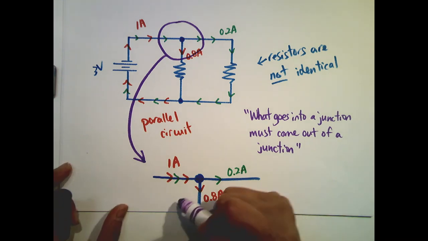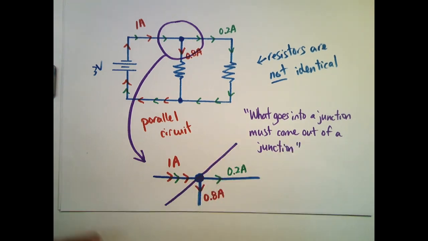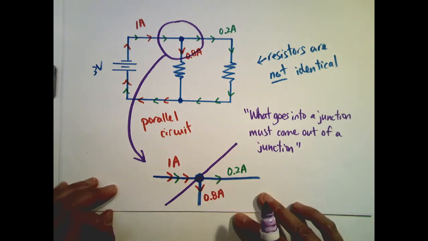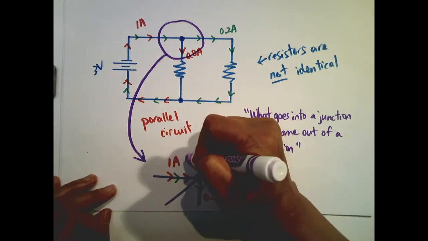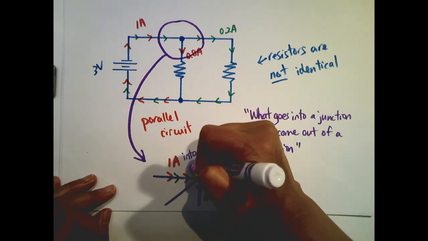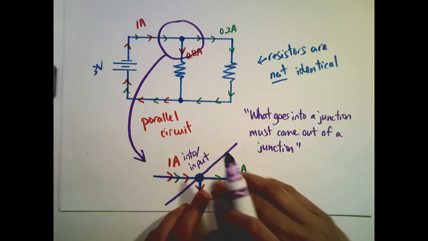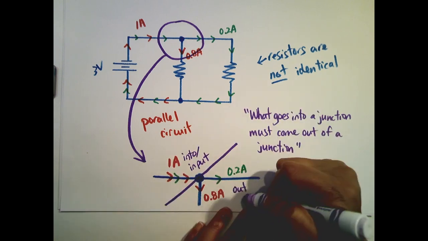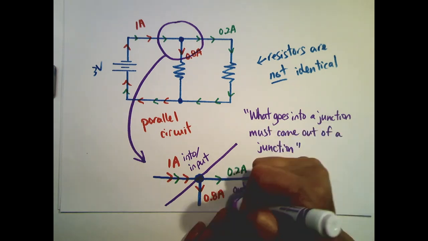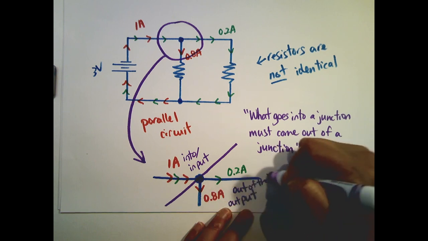So if I actually draw the junction like this, or slice it like this, this is my input and this is my output. So this is what is going into, or input into the junction, and this side is my output, or out of the junction.